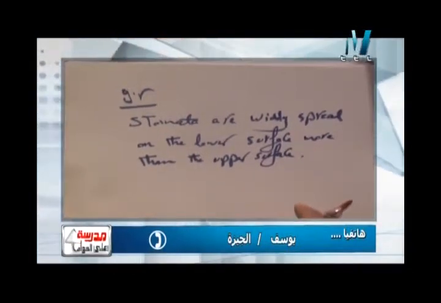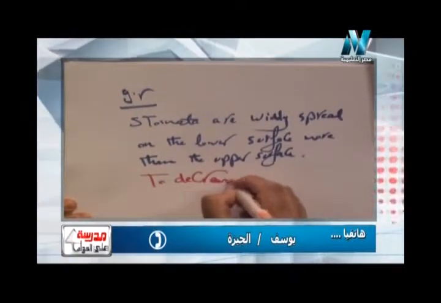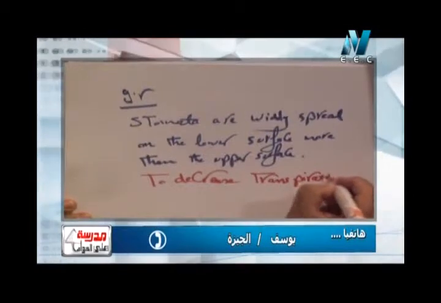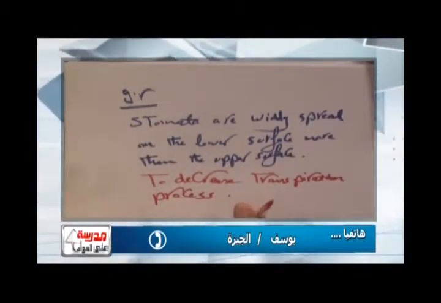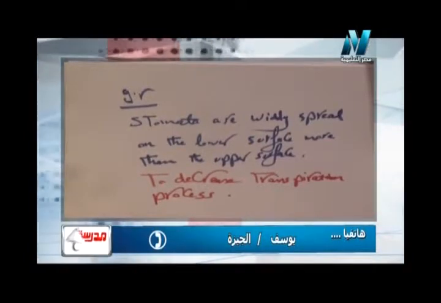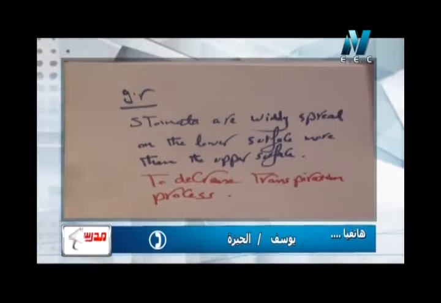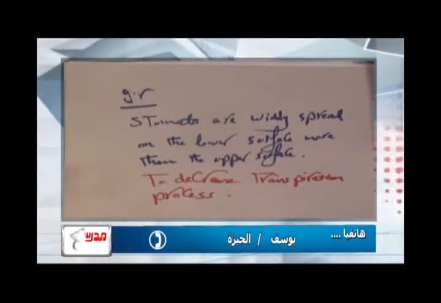I have another answer, Yusuf, for you. To decrease transpiration process, because the upper surface of the leaf is subjected to sunlight. So if there are more stomata on the upper surface, the plant will lose more water.